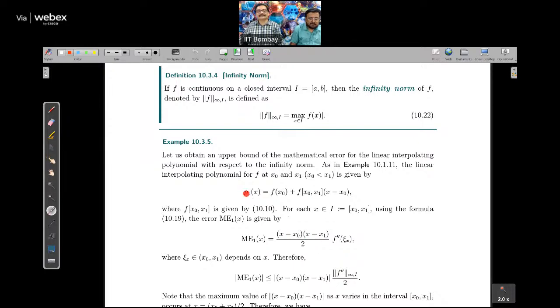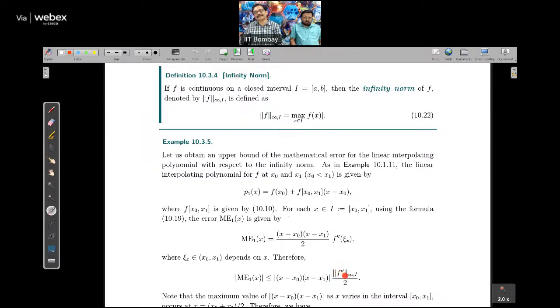When it is a linear polynomial P1, this product happens to be the absolute value of a quadratic polynomial, right? You can find the maximum of that very easily. And of course, one has to find the maximum of the derivative too. From the examination point of view, we may give you some simple functions like the sine function or cos function, for which you know the second derivative and its maximum.